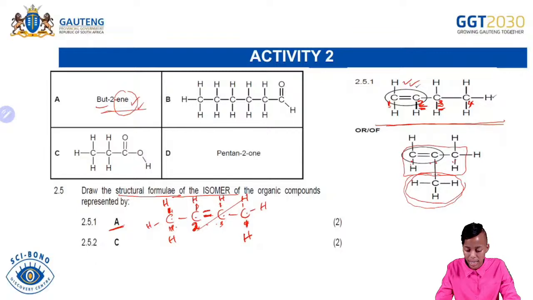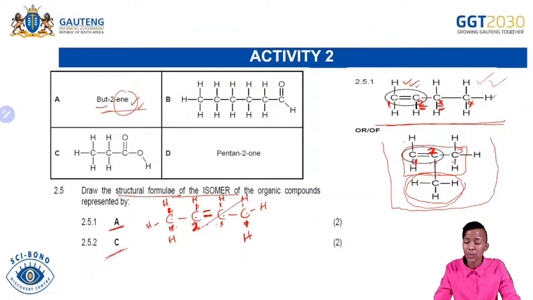On this one, now the longest chain has 1, 2, and 3 in total. So you can have that option whereby you change the chain, and that would be called a chain isomer. In this one, we changed the position of the double bond, hence that will be called a positional isomer.